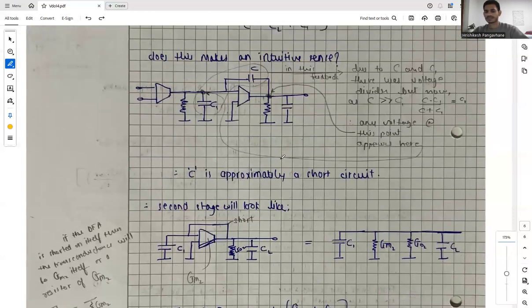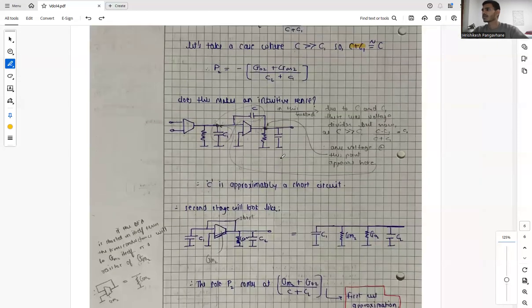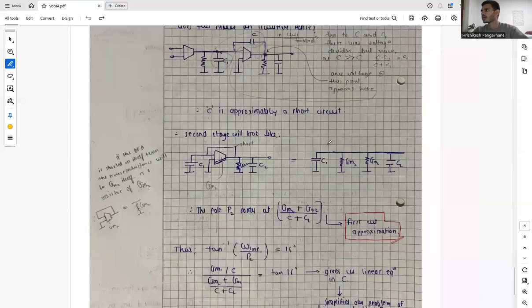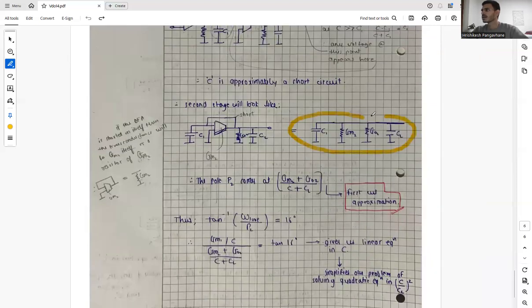Intuitively, we said that our P2 will come over here from this case and from this equation. And from our circuit, we intuitively derived that our pole P2 will come at some transconductance, which is the total transconductance, over some capacitance associated with this node, which is C1 plus CL. And this is our first cut approximation.